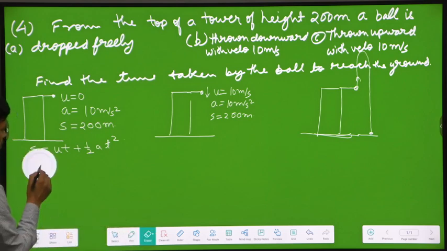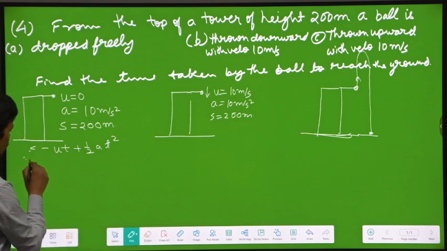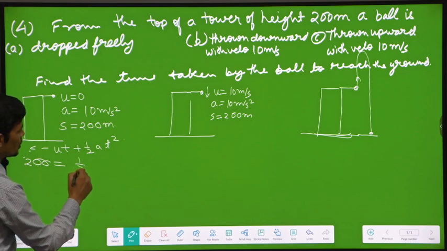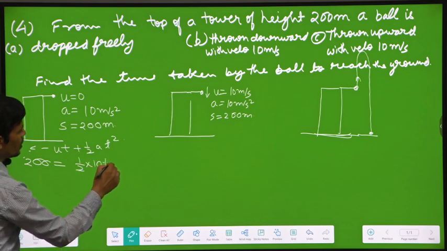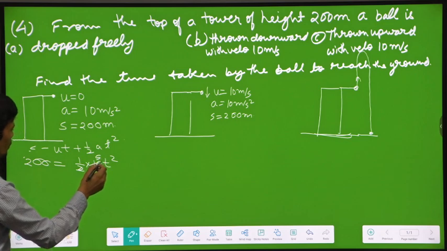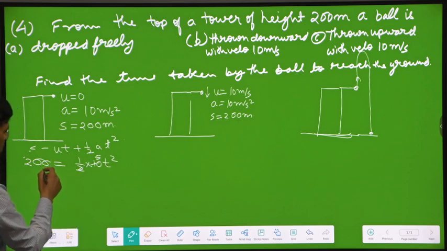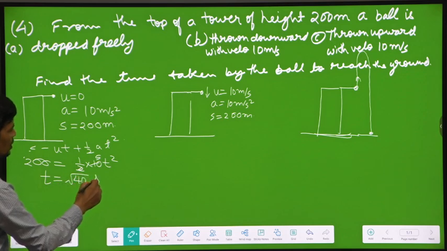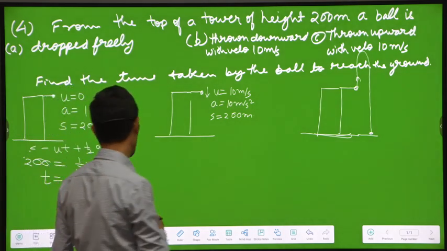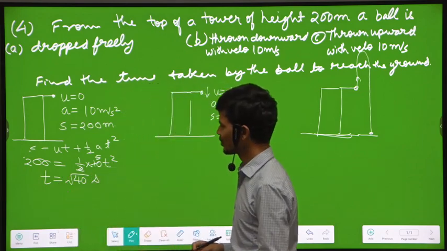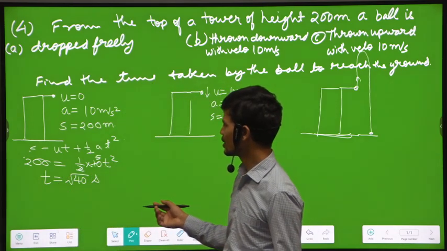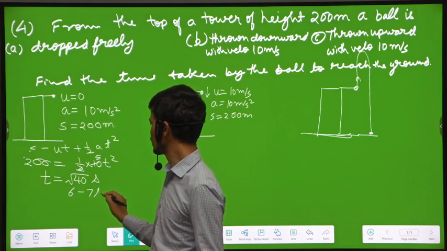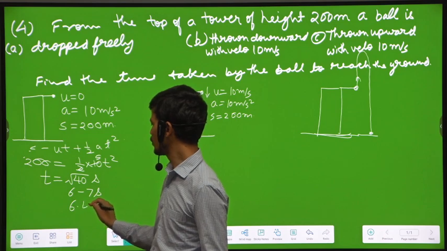It is a bit messy. 200 is equal to ut is 0, there's half is 10 t square, 5, it will be 40. So t is equal to root 40 second. I am not interested in its decimal value, but it is somewhere between 6 to 7 seconds, maybe 6.4 second.